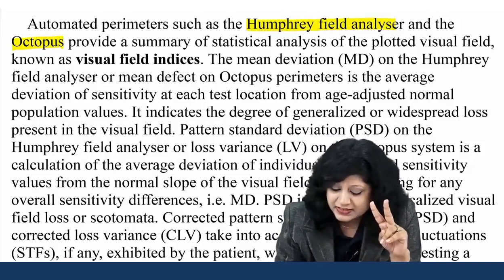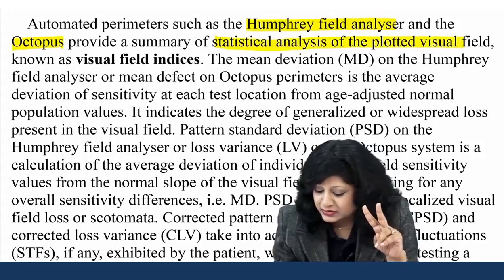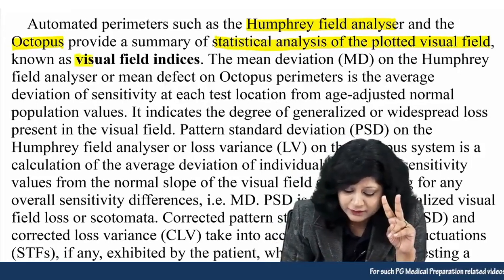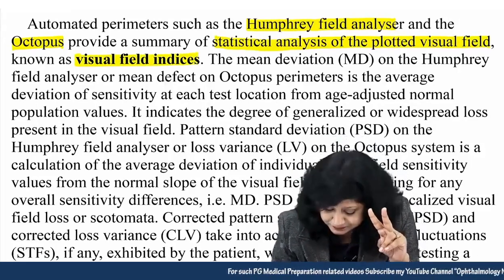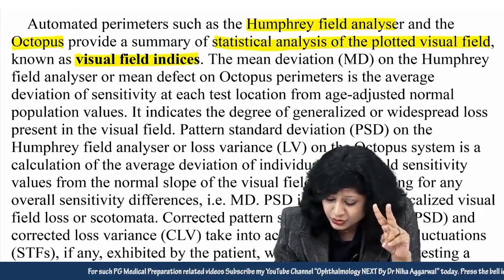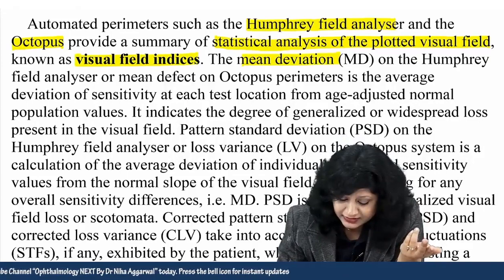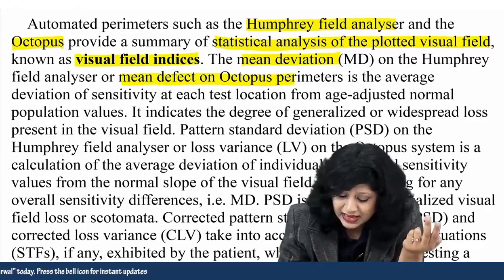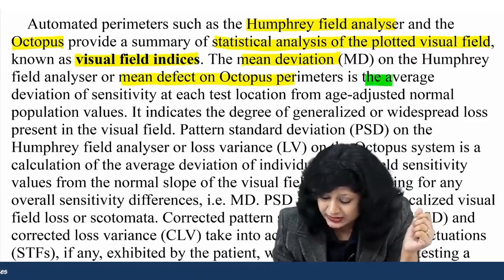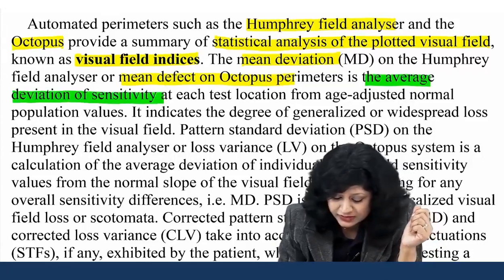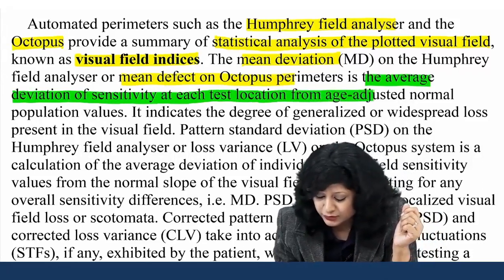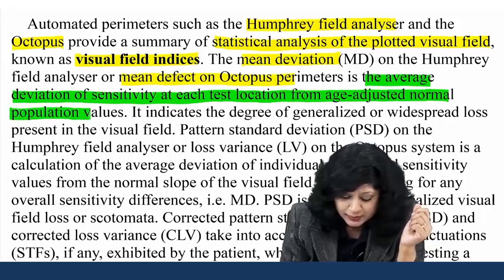They provide a summary of the statistical analysis of the plotted visual field. This is called the visual field indices. The mean deviation on the Humphrey field analyzer, or the mean defect on the Octopus, is the average deviation of sensitivity at each test location from the age-adjusted normal population value.